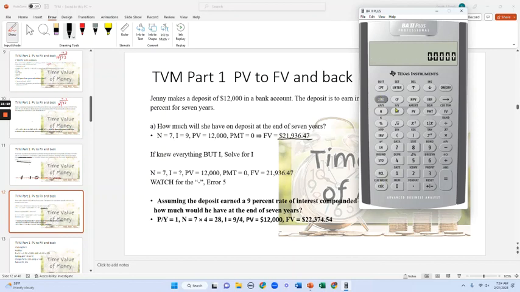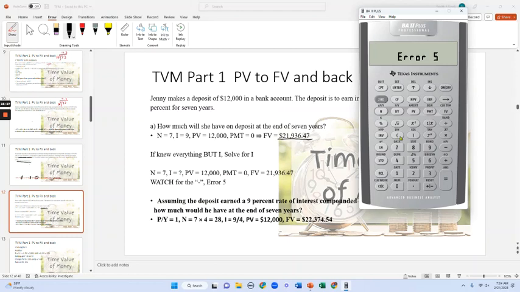So when we do that, we get 7 is the N, we get 12,000 as the present value, money you put in now, and 21,936.47. And we put that in as a future value, and we hit compute to get the I. Bam, you get error 5.